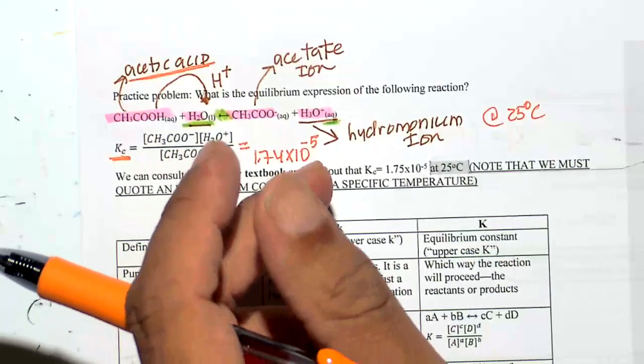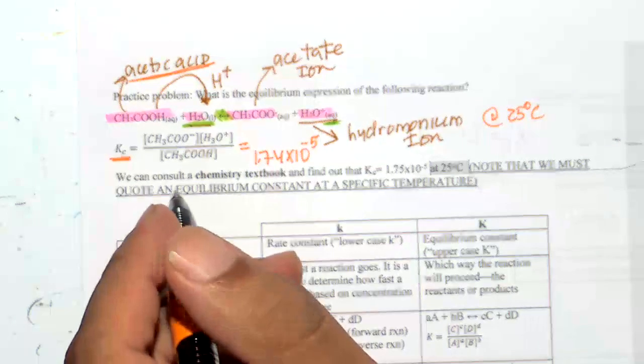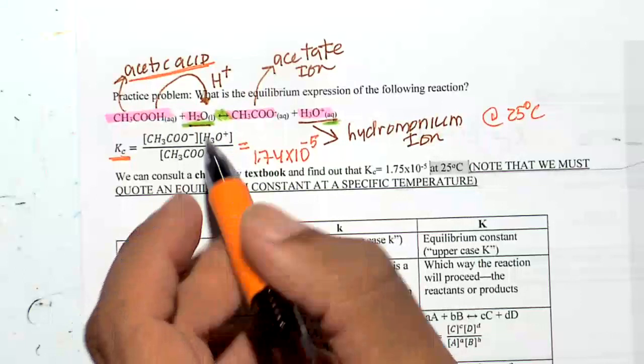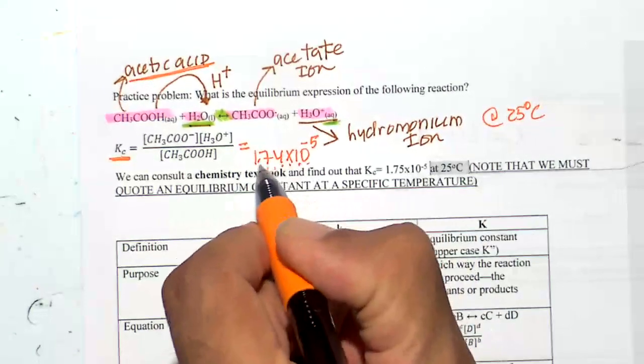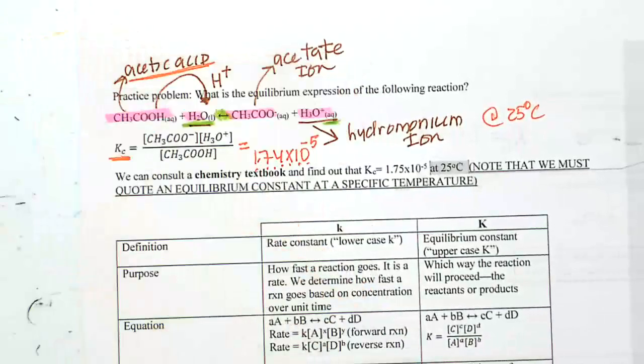Is it like hydrochloric acid, sulfuric acid, nitric acid, one of those? Is this a strong acid or a weak acid? Weak. It would be a weak acid. This would not go very far this way.